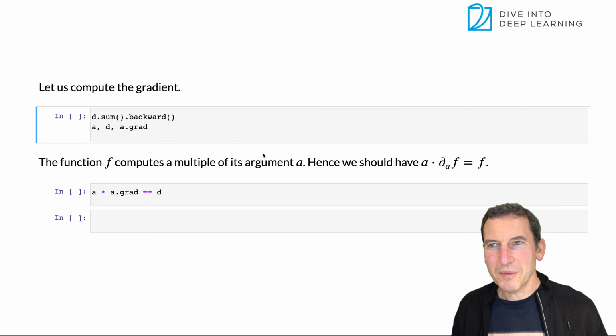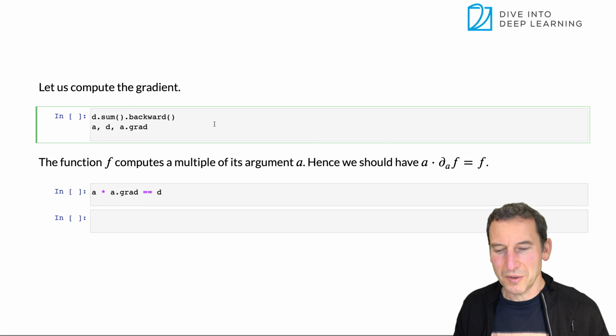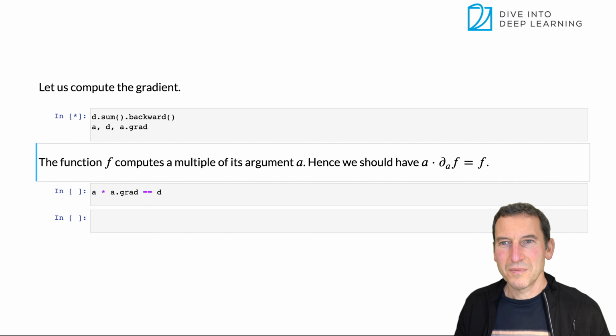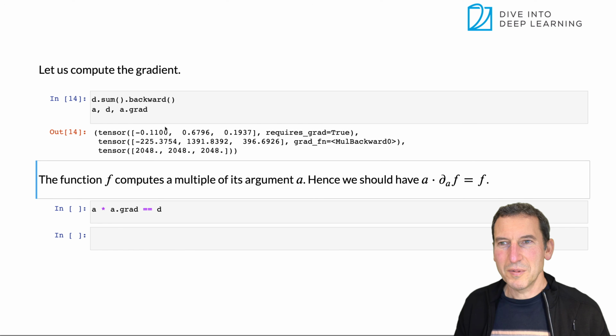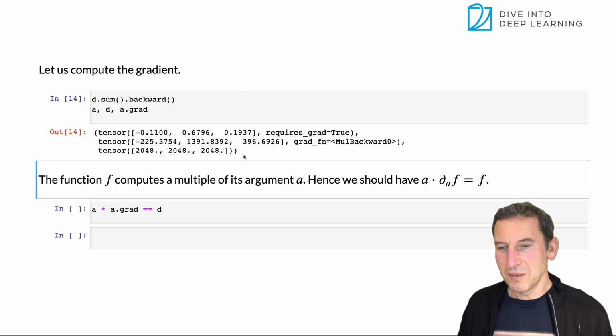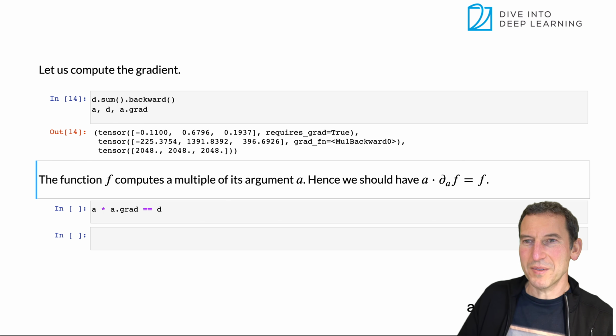Now, if we compute the gradient though, so d.backward(), and we print this, we'll see that the gradient of d with regard to a is 2048. What this tells us is that it just kept on multiplying things 2 to the 11 times, right? So to get 2 to the 11, and that's the output.